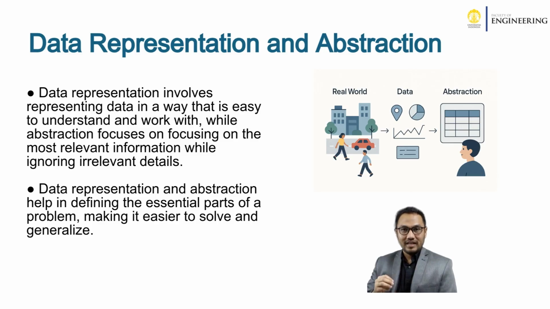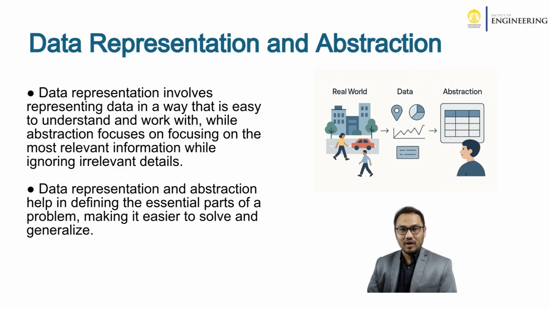The third pillar combines data representation and abstraction. Data representation is about how we choose to encode information so that it is clear and useful. We may use tables, diagrams, graphs, symbols, or numbers, depending on what we want to analyze. Abstraction is closely related. It means focusing on the information that is essential for solving the problem, and temporarily ignoring details that are not important at that stage.